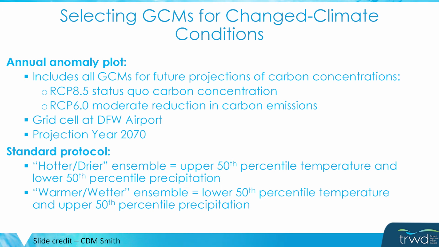The way that we currently model our demands is we'll take a future year projected demand scenario and then perturb it a little bit based on the climate condition that is expressed from the hydrologic record. And we wanted to see if we could perturb that demand projection a little bit more.